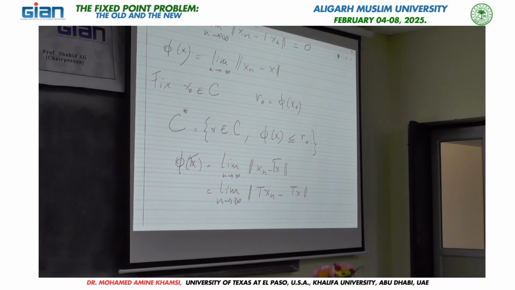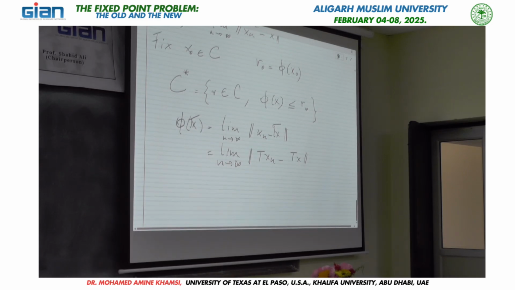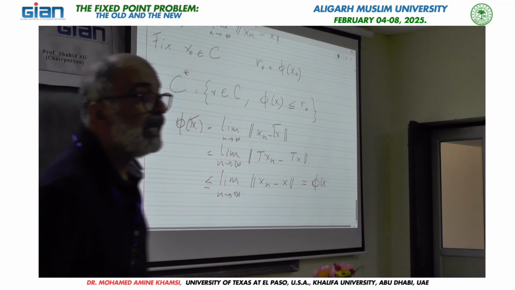And now I can use what? Non-expansiveness. So phi of T of x is less than phi of x. Therefore, C star is invariant.